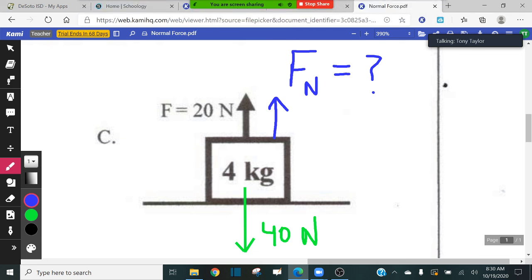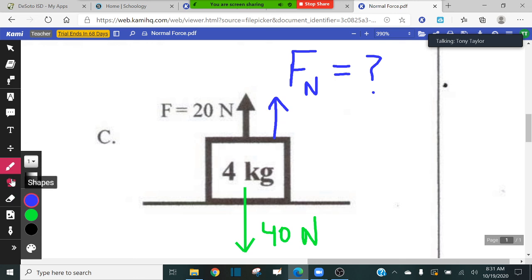So everybody got that? In this case, all of your up arrows have to equal your down arrow because the forces have to be balanced. I'm going to say that again. In this case, the up forces have to equal the down forces. So that means since we have two up forces here, both these forces combined must be equal to this one down force because the object is at rest.